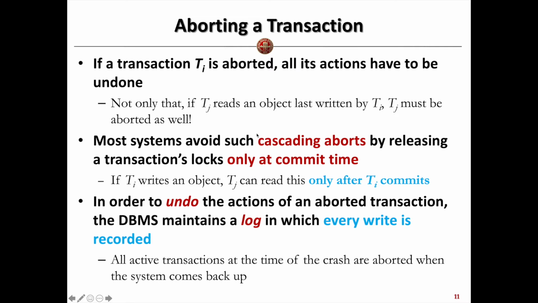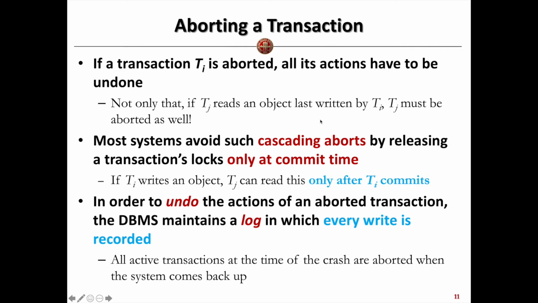As shown on this page, if a transaction like Ti, where i is the index, is aborted, then all its actions have to be undone. In other words, we have to eliminate the effects made by the actions in this transaction. Here we also need to be careful. Note that if another transaction Tj, a different transaction, reads an object written by Ti, in other words Tj depends on Ti, then Tj must be aborted as well.